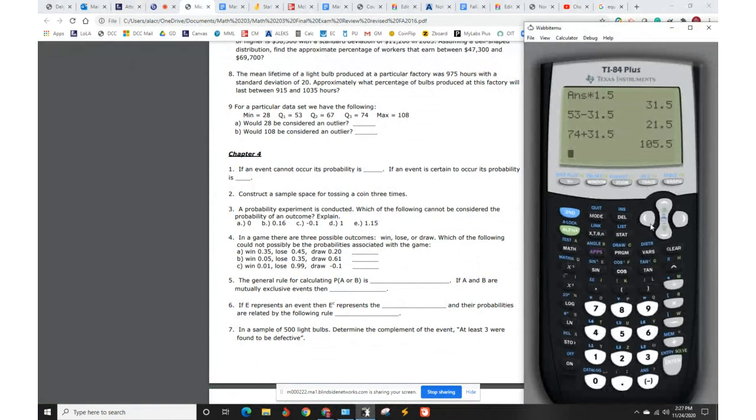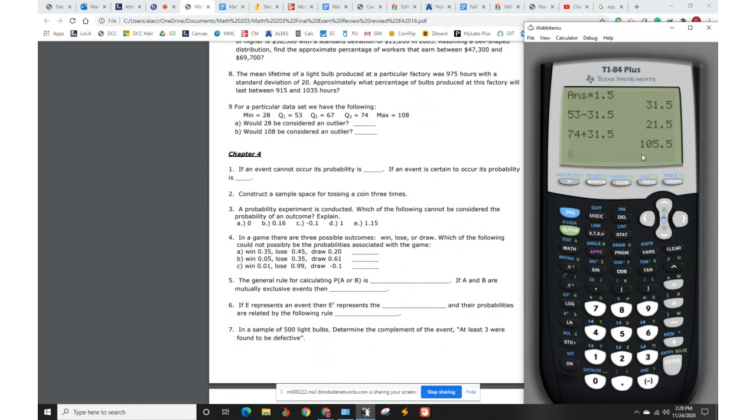So 105 is your upper boundary for outliers, and this one is above it. So this one right here would be considered an outlier, because what these two boundaries create, what was it?